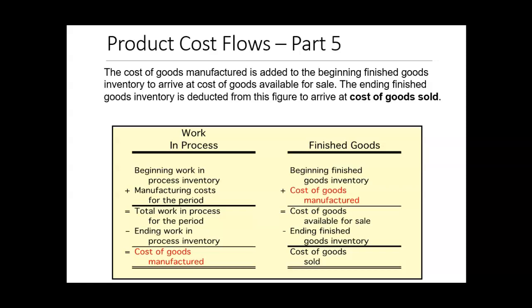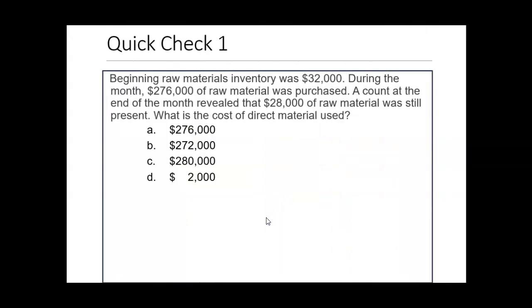So the cost of those 250 is what you have. That would be your finished goods inventory remaining balance, but the cost of the 750 sold represents what's known as your cost of goods sold. And remember that cost of goods sold is an expense that's going to be shown on your income statement.